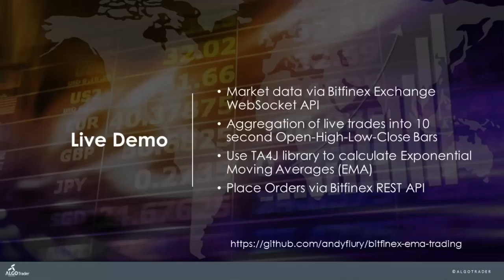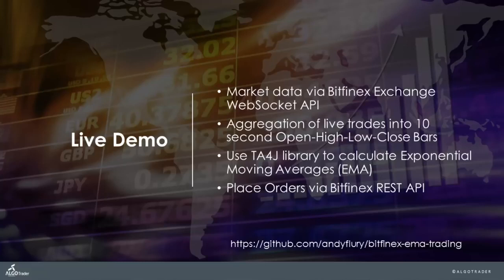Good. So, live demo. What does the strategy that I'll show you do? It first receives market data from the Bitfinex exchange, which is a very popular exchange, through a WebSocket API. Then it does this aggregation from live data into open, high, low, close bars on a 10-second period.